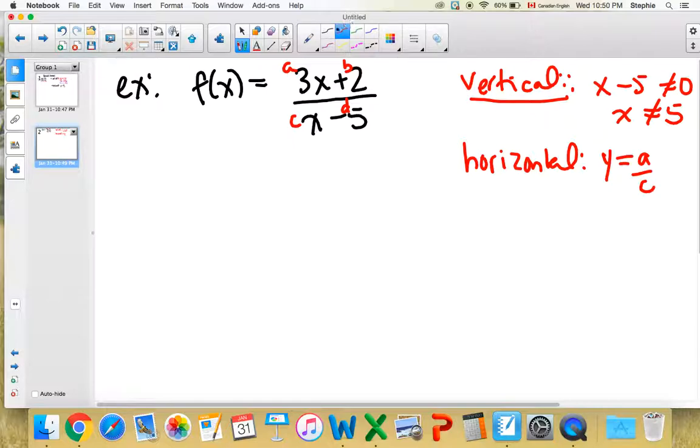So my horizontal is going to be 3 over 1. Now, that means that I could draw it out, but I'm going to probably need to do a table of values just so that I know if this is increasing or decreasing. So I'm going to do that really as quick as I can.